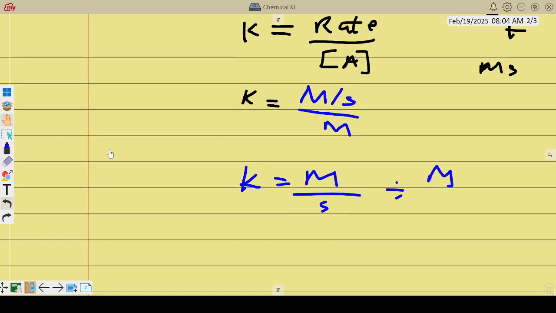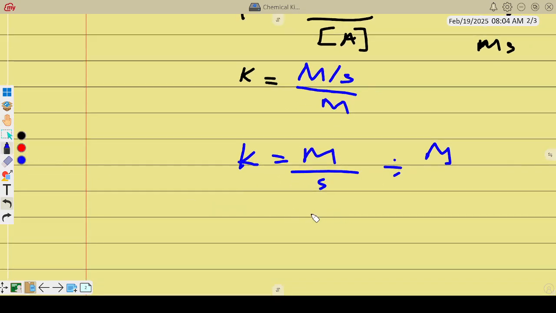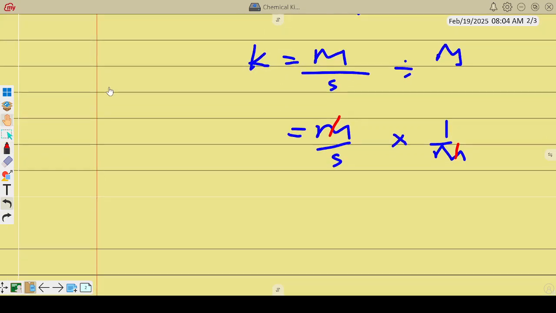So we're going to say m over s times 1 over m. The m's will cancel, that m and that m. So the units for the rate constant in the first order reaction are 1 over s.